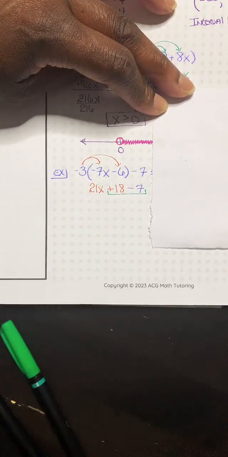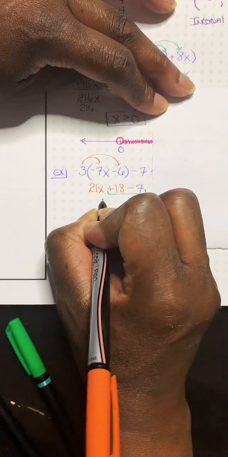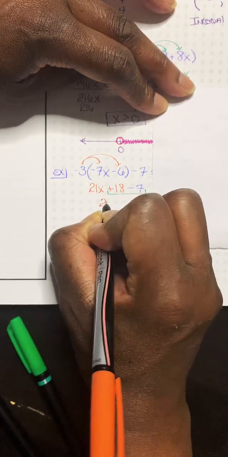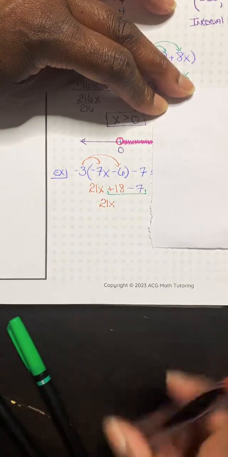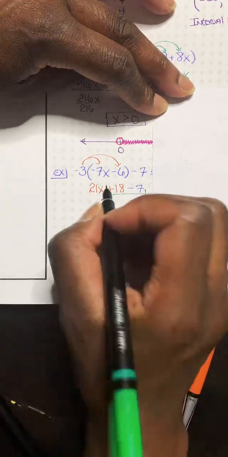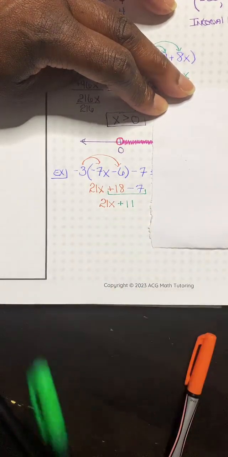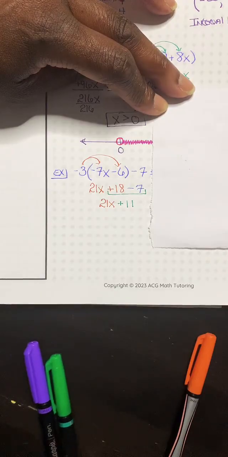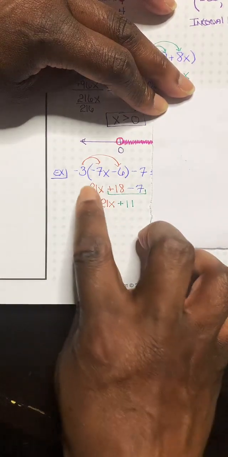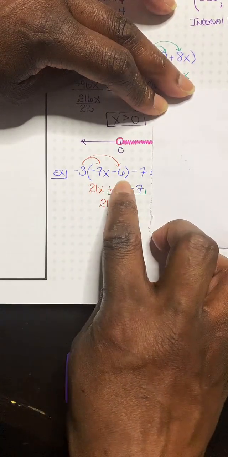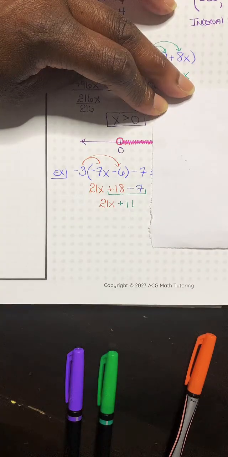So we have our 21x, and then we have plus 11. Yes, you multiply that -3 to everything inside the parenthesis.